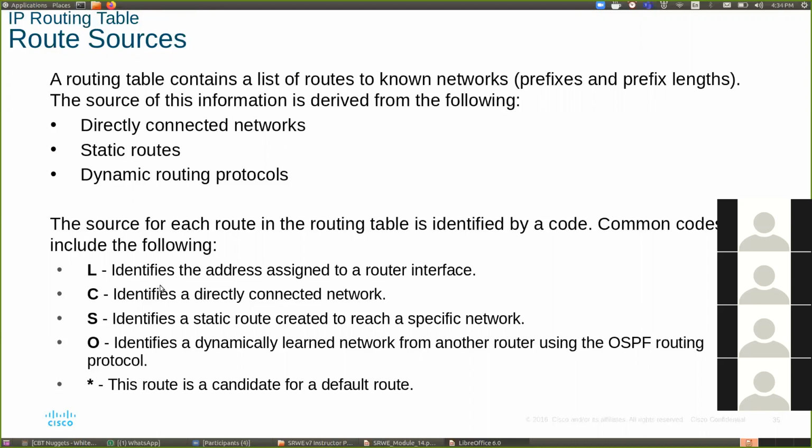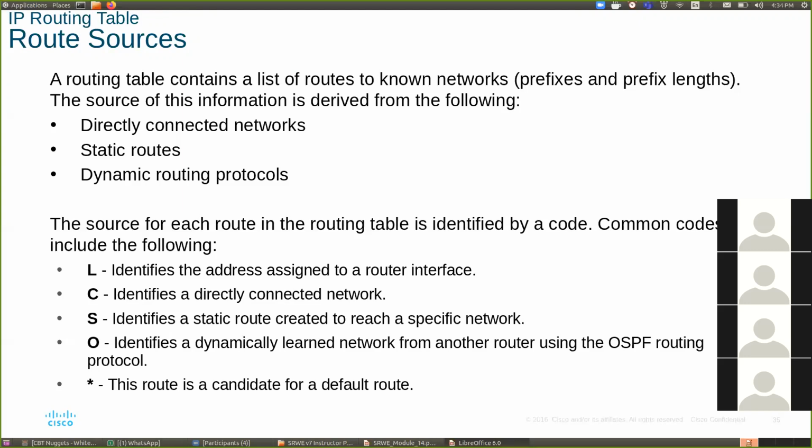If you see L in front of a network, that means that address is locally connected to the router's interface. L means an IP address that is assigned to a router's interface. But if you see C, C means a directly connected network.